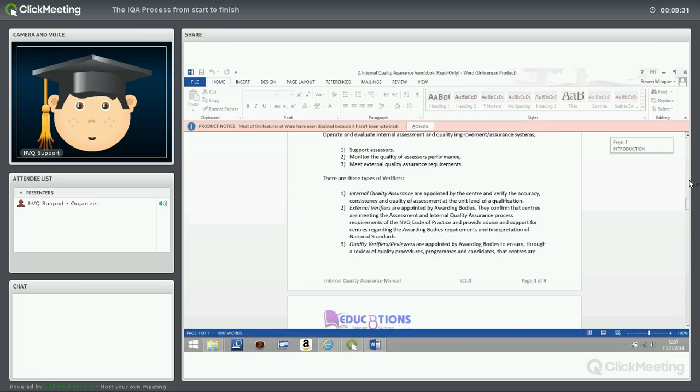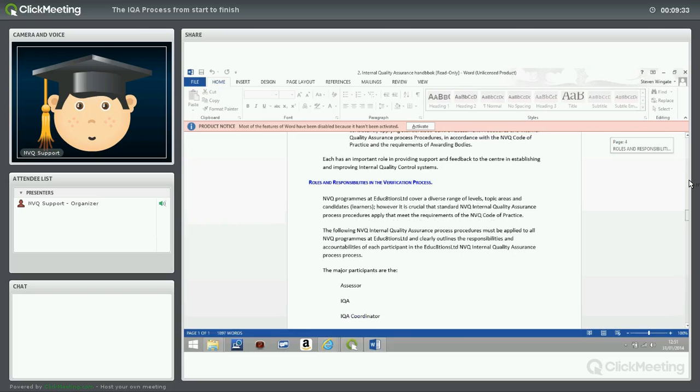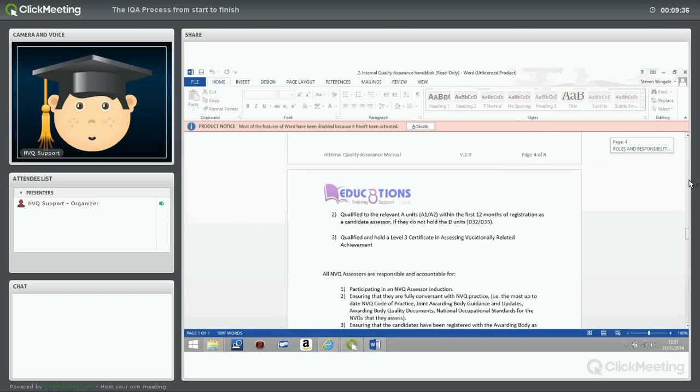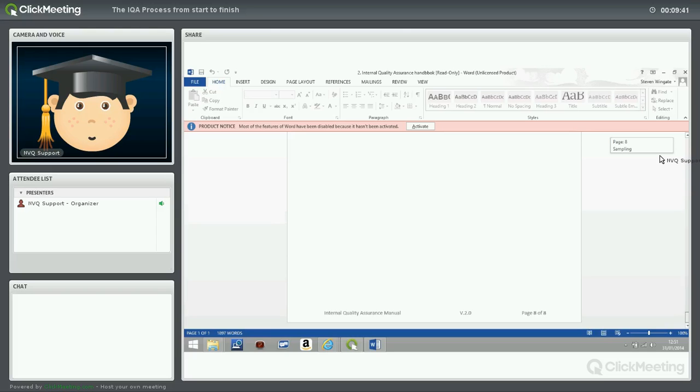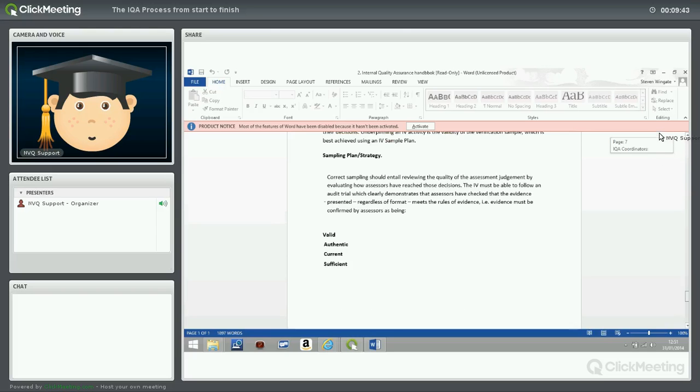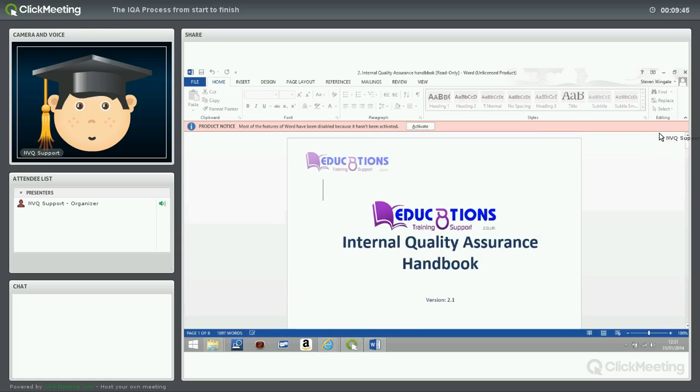So when your QA does ask you to do something, I would expect people to give them the courtesy that they would any line manager, because at the end of the day, the internal quality assurer is the person that keeps us all employed, because they're the ones that maintain the standards, and they're the ones that put their neck on the block when the awarding bodies come out, and they have a huge amount of responsibility, and it's really important that you respect your QAs.